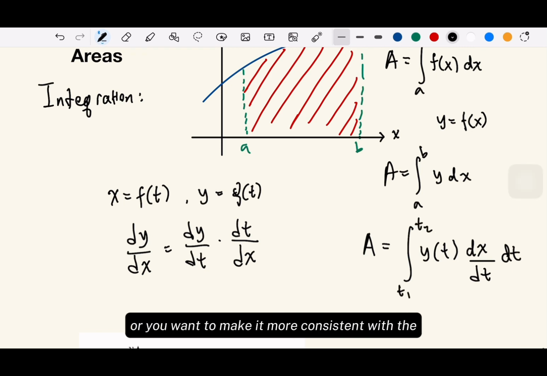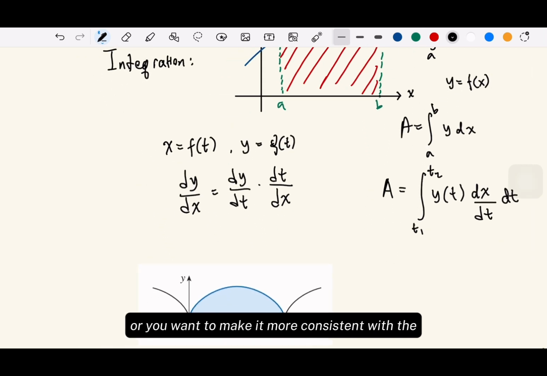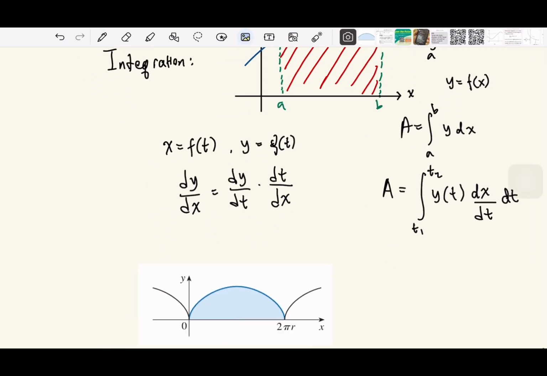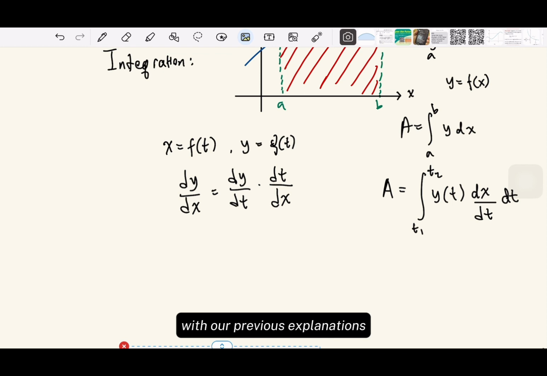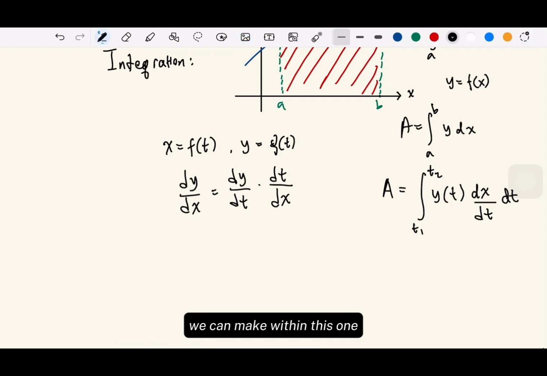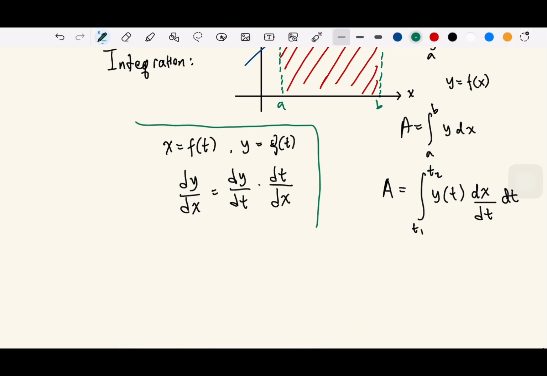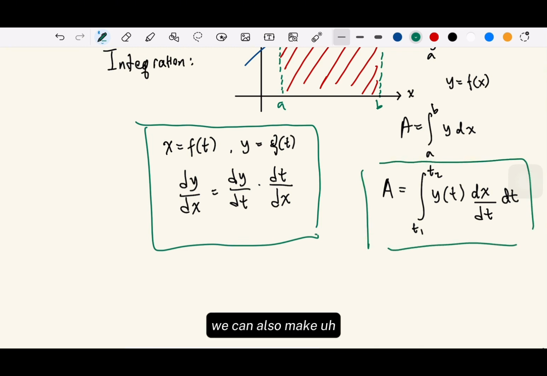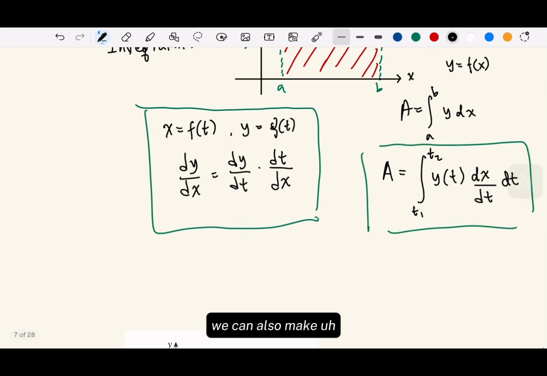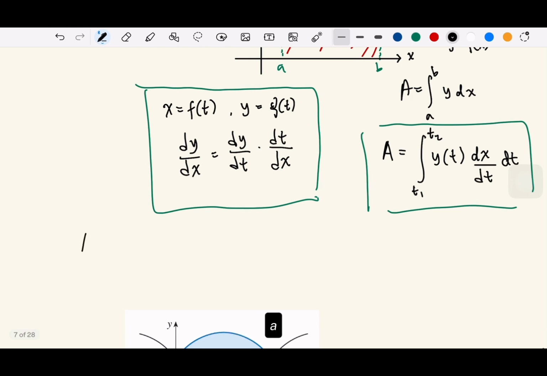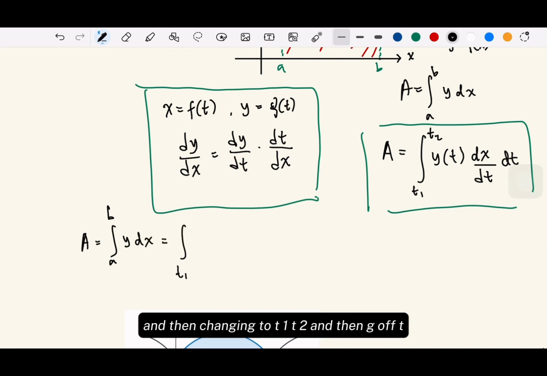Or if you want to make it more consistent with our previous explanations, we can change the limits to t1, t2, and then g of t.